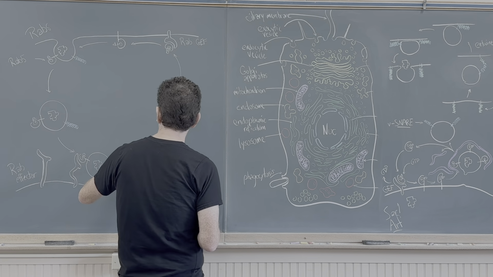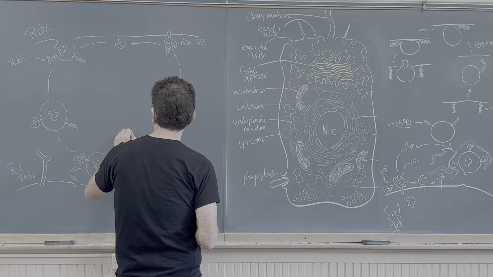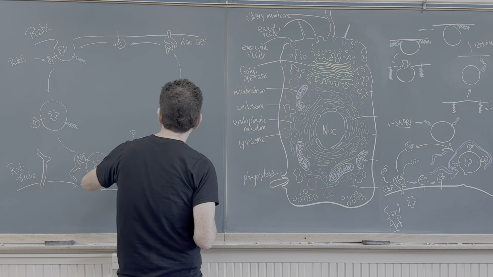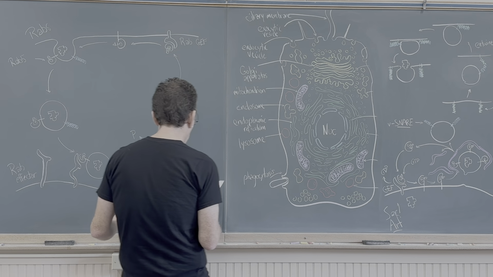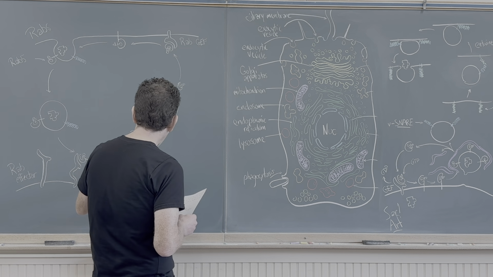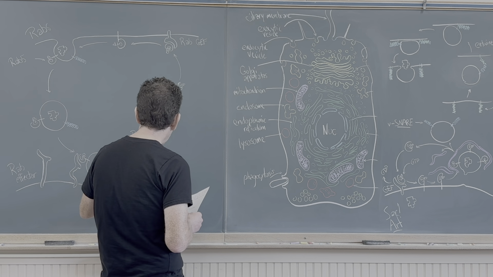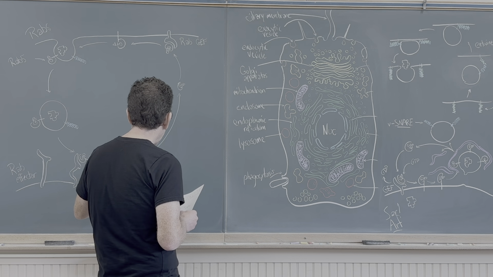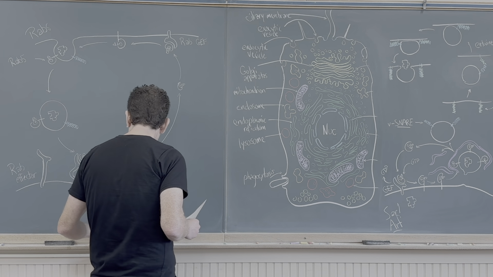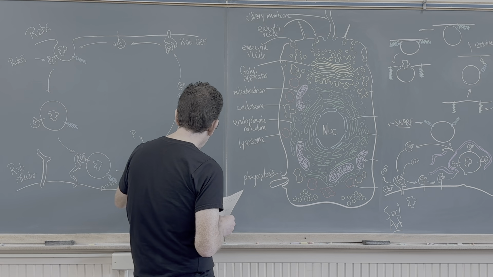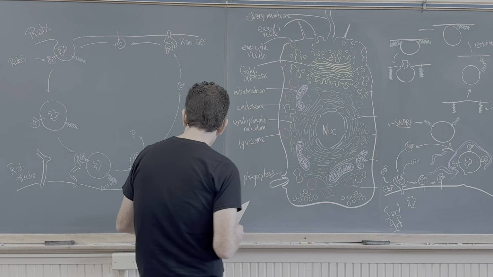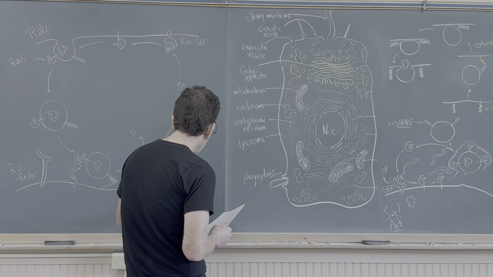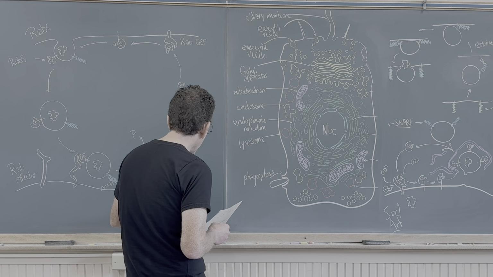Of course, the RAB has to be inactivated at this point and return to the cytoplasmic pool as vesicle fusion proceeds and delivers this cargo to the target compartment.